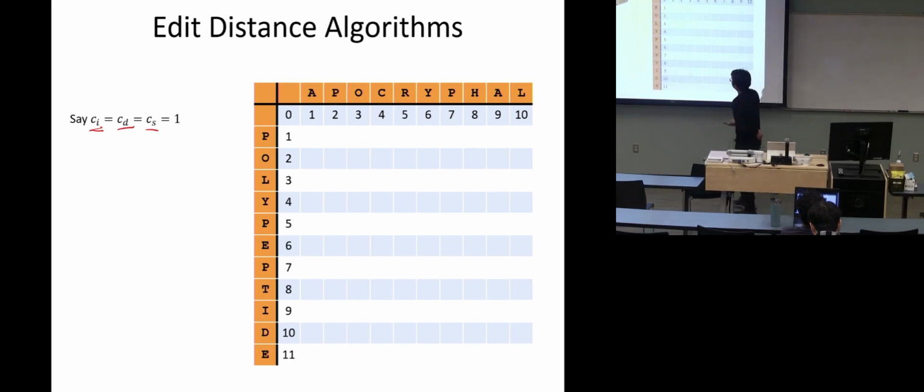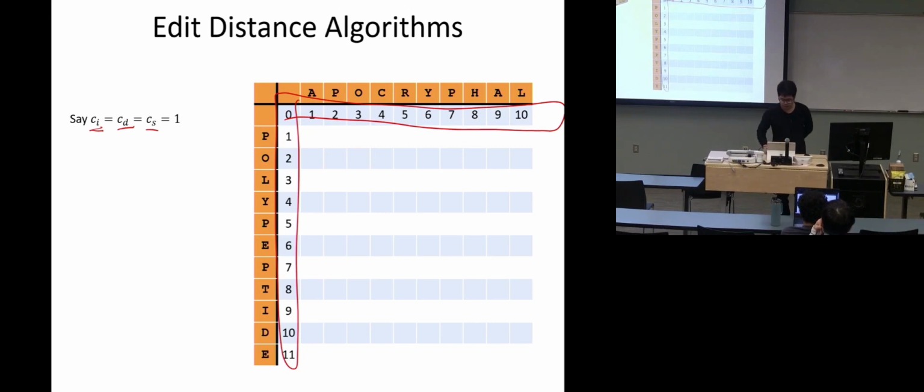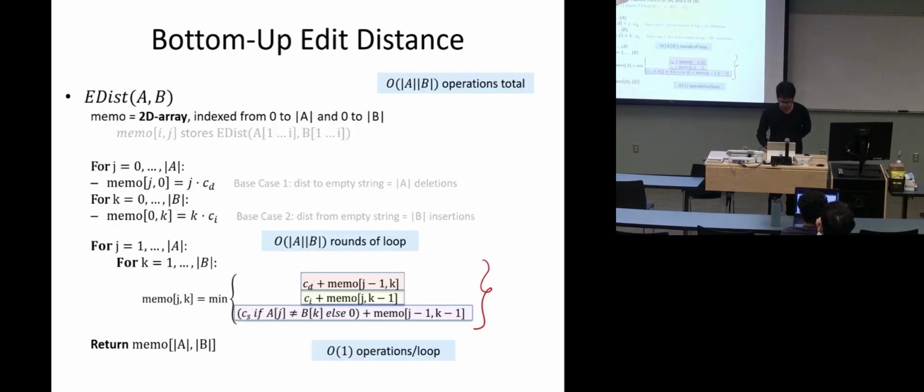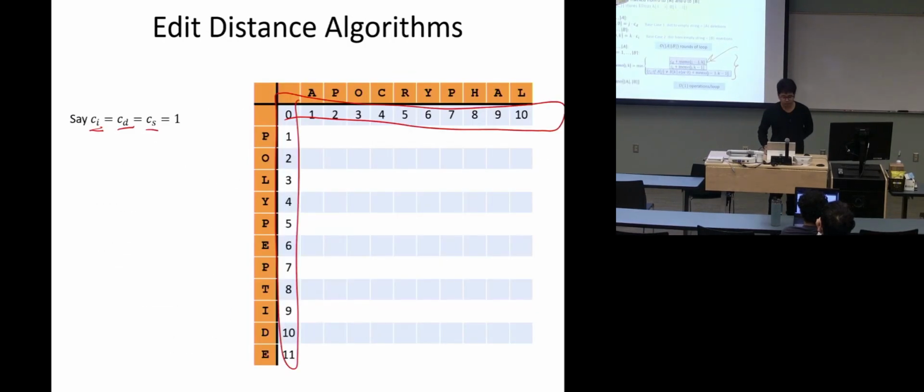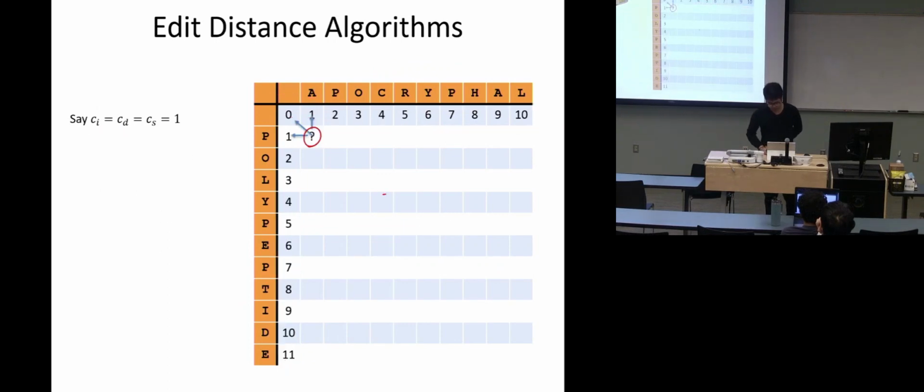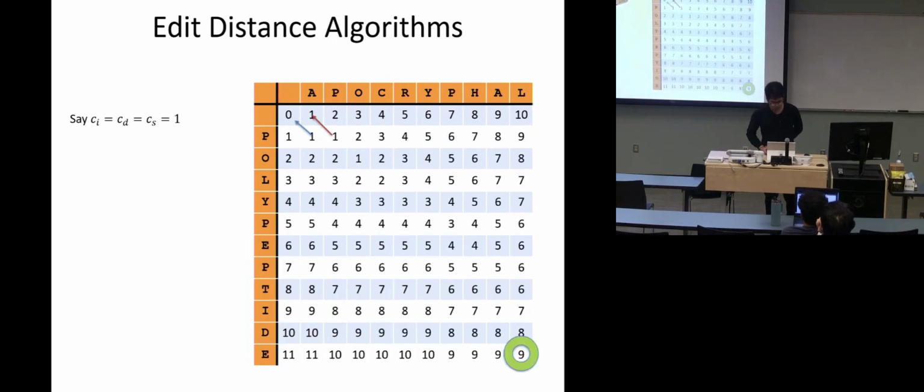Then what you fill up first is just the base case here, either to delete everything down to the empty string or to insert everything from the empty string. So this is the base case. And now to fill up each entry in the table, you just use the formula here. Just fill up everything again and again until you get the last entry, and that's your answer.